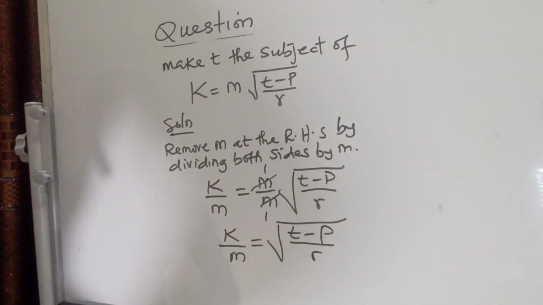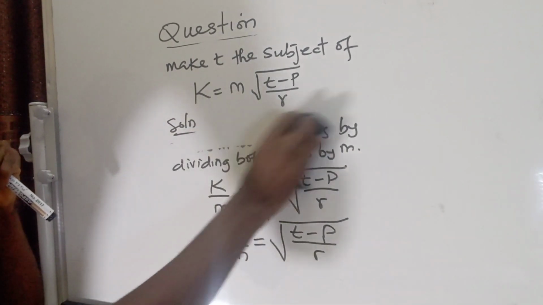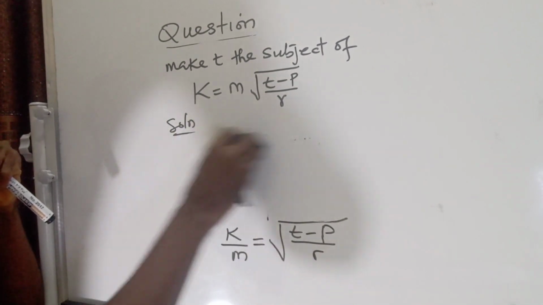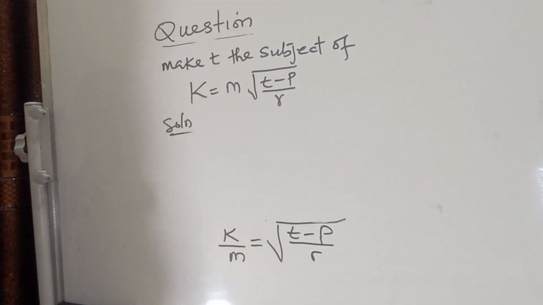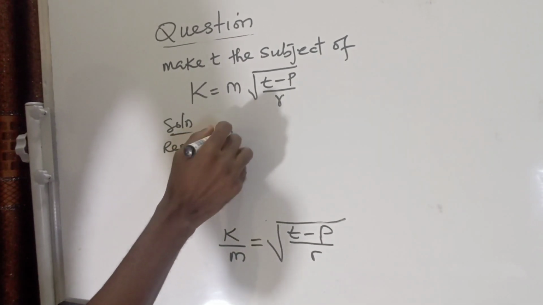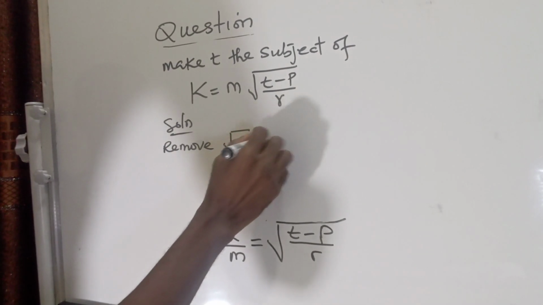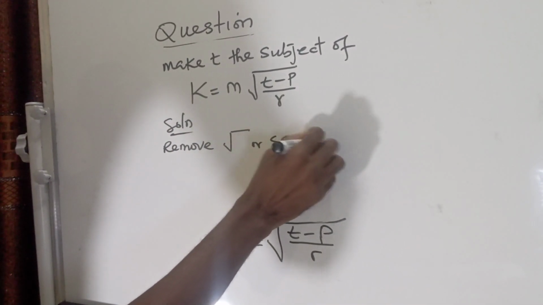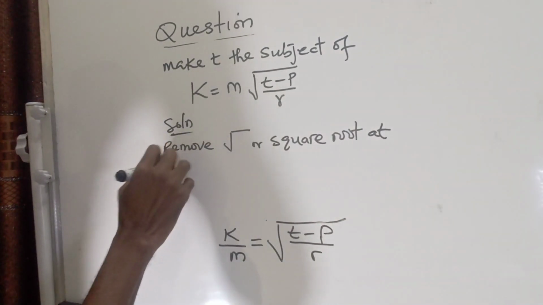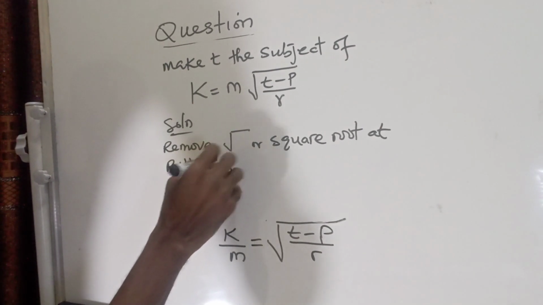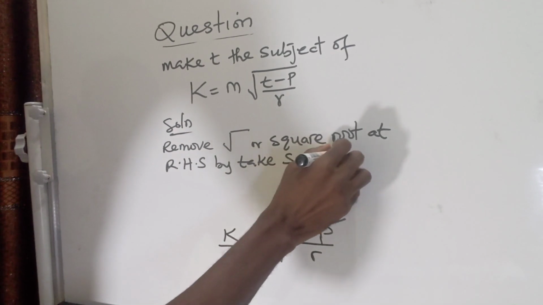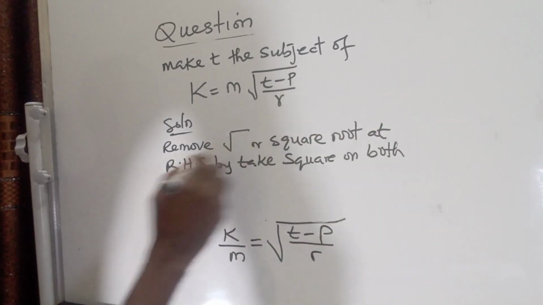Now the next thing is, what are we going to remove? Is it at the right hand side or the left hand side? The next thing we want to remove is the square root sign. How do you remove it? Remove it at the right hand side by taking the square on both sides.